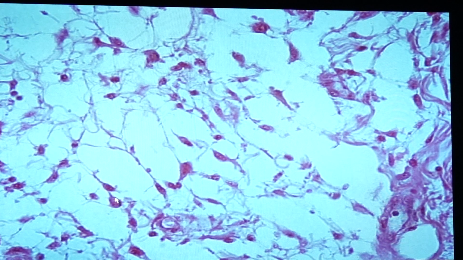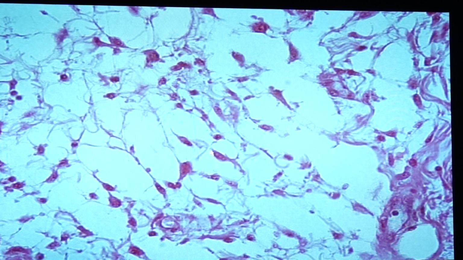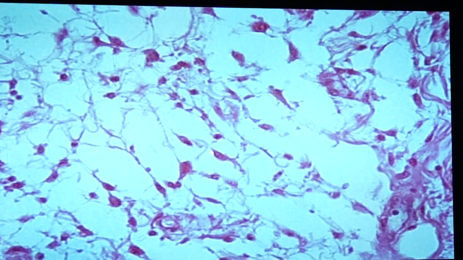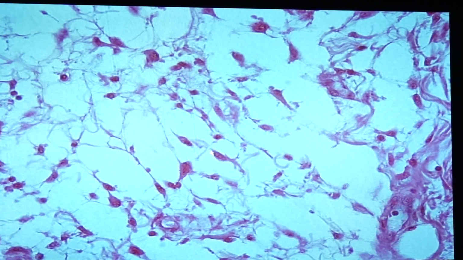They are already prominent. You can readily identify them. But they are still peripherally or eccentrically located, and these are lipoblasts. These are atypical cells, and they are amplifying MDM2. There's MDM2 amplification for this particular tumor, liposarcoma, and for immunohistochemistry, we can use S100.